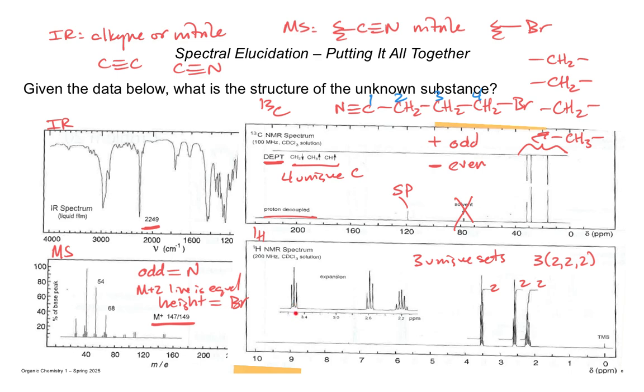That triplet would belong to the hydrogens on what carbon atom? Carbon 4. So that carbon has a bromine attached to it. That's an electronegative heteroatom, so it's going to shift it the most. We see it's a triplet because it has 2 neighbors.